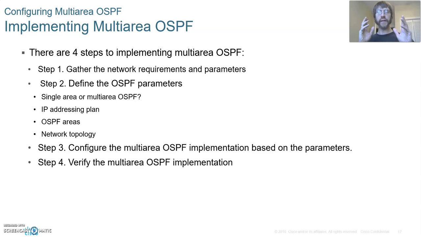That would be too difficult. That would take too much time converging originally. So you might need to break that up into multiple areas. Conversely, if you have a small number of routers, you think, hey, I've only got 10 routers, they can all talk to each other. I don't need multi-area OSPF.